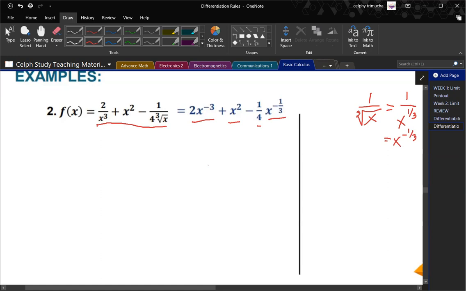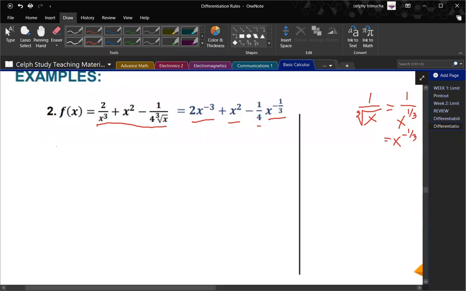So now since amo na ning format ang aton nga equation, pwede na kita ka-perform sang sum and difference rule. So applying man sang mga gin-discuss naton nga mga rules sang constant, power rule, kag constant multiple rule.